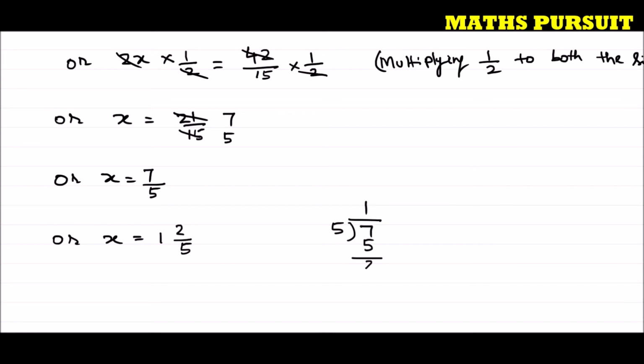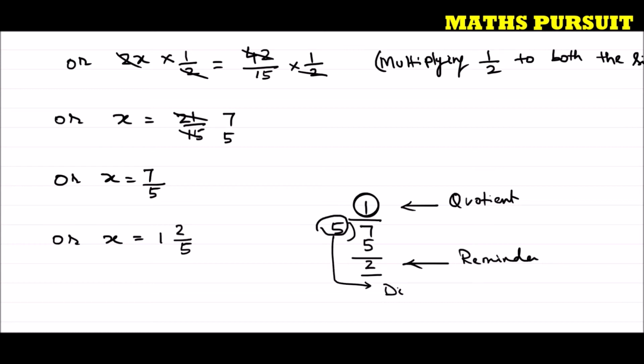We are getting the remainder as 2 and the quotient as 1, and our divisor is 5. This 5 is our divisor. So we are writing 7 by 5 as x is equal to 1 2 upon 5.